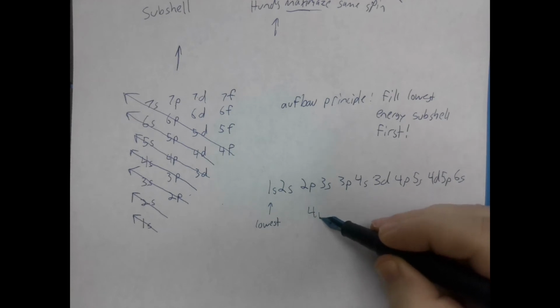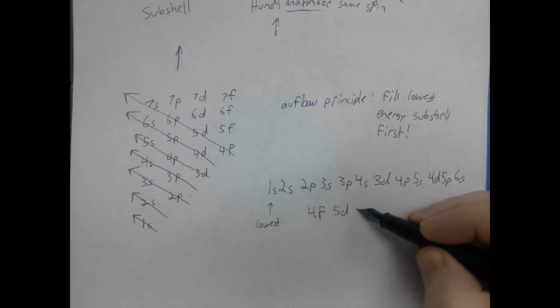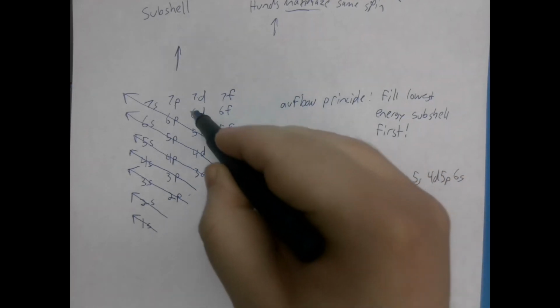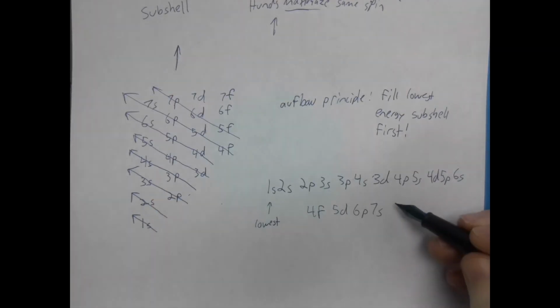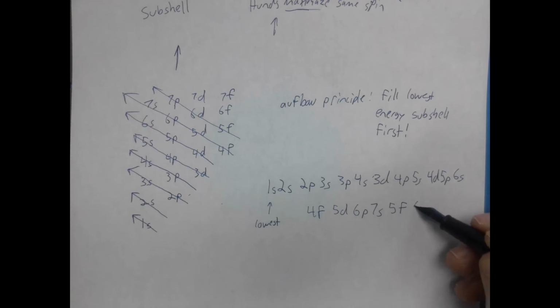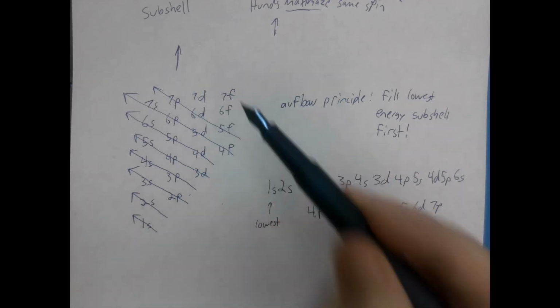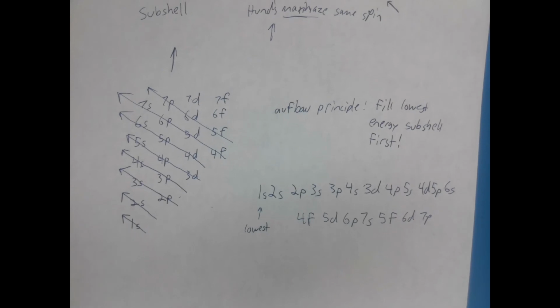Then we'd have 4F, 5D, 6P, 7S, and then 5F, 6D, 7P, and technically these last three don't exist.